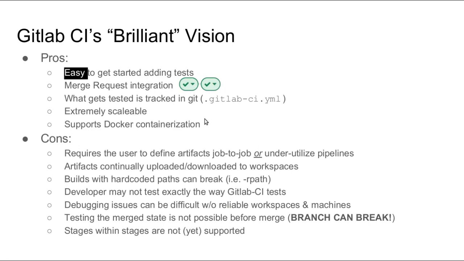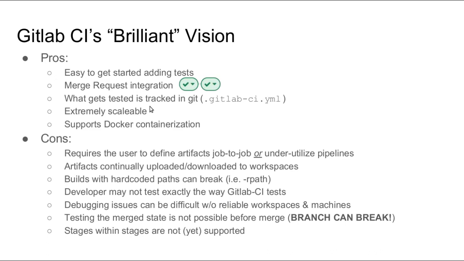That is supremely useful for software development. Another thing that's clever is what gets tested is actually tracked in your Git repo in this .gitlab-ci.yml file. That means that you have a record over time of what was tested and what is considered stable. So when a project first starts, you might not have hardly any tests, but by the end, you might have a whole bunch of tests.